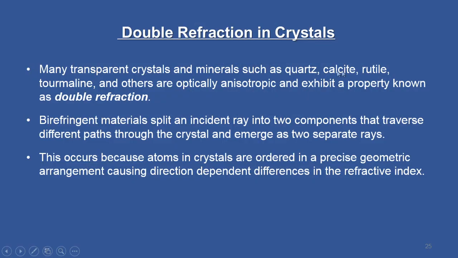Many transparent crystals and minerals such as quartz, calcite, rutile and tourmaline and others are optically anisotropic and exhibit a property known as double refraction. Birefringent materials split an incident ray into two components that traverse different paths through the crystal and emerge as two separate rays.